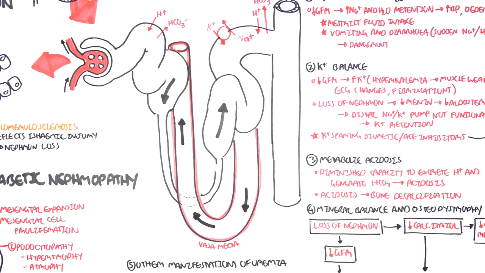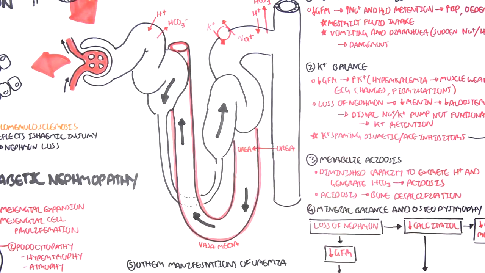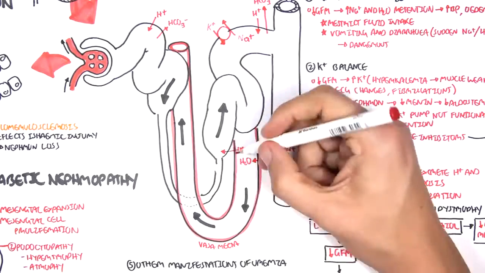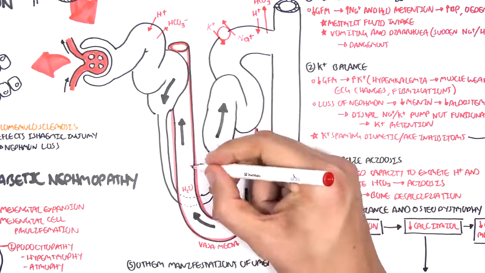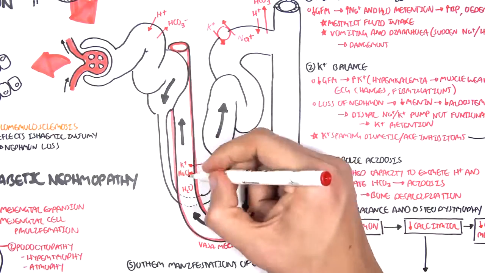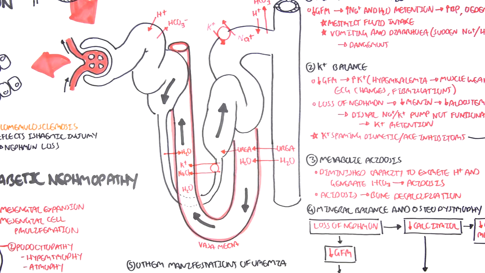In the last part of the nephron, the urea is actually reabsorbed into the vasa recta, which helps drag water into these vessels. Urea then gets secreted back into the nephron because we don't want to keep it. And the water just remains. Water remains in the vessels because here the sodium is also reabsorbed, allowing for equilibrium.